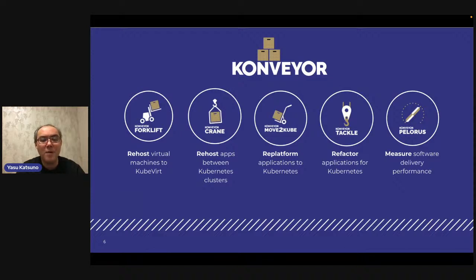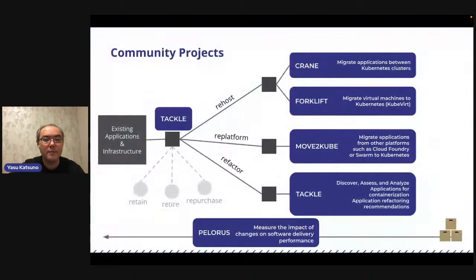Konveyor consists of 5 families: Forklift, Crane, Move2Kube, Tackle, Pelorus. Each of the 5 families is positioned as follows. It shows how existing application infrastructures can be moved to Kubernetes environments.